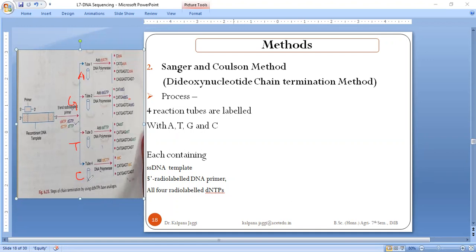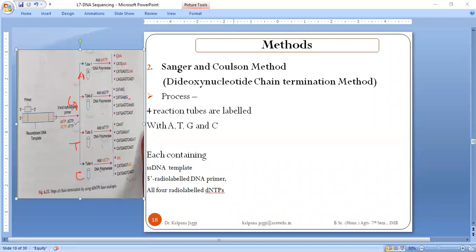Each test tube is labeled with A, G, T, and C, because we have only four nucleotides with us. And since we are talking about DNA sequencing, within the DNA only these four nucleotides exist, right?